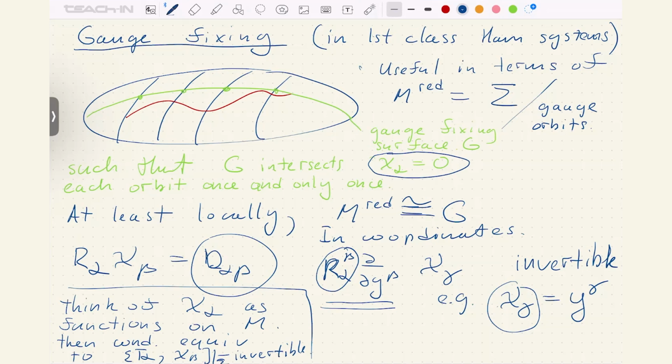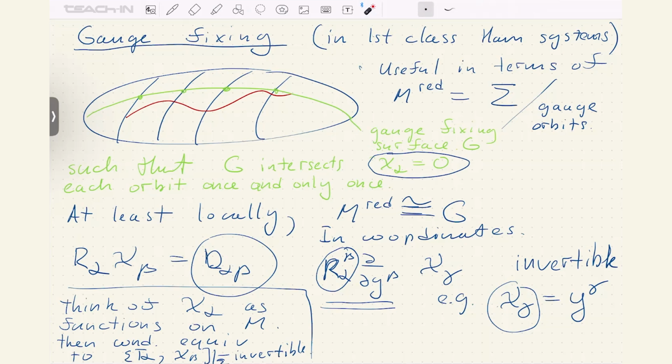But this condition does not, because R is tangent to the surface, so it doesn't matter. So I have just rewritten this condition, that D alpha beta is invertible, in terms of the initial phase space. It's a bracket between constraints and chi, restricted to the constraint surface, which is invertible.